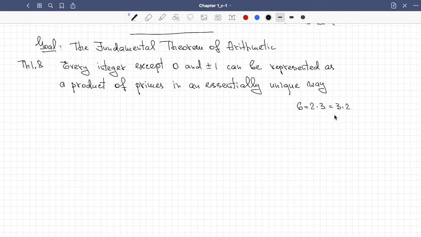You most probably know this fact, and this fact was considered something to prove long ago. It was realized that this should not be taken as an experimental observation, but should be proved out of simpler properties of integers. That happened more than 2,000 years ago.